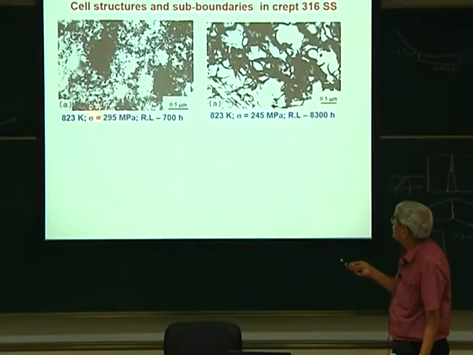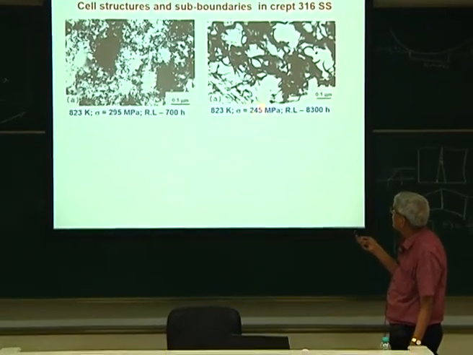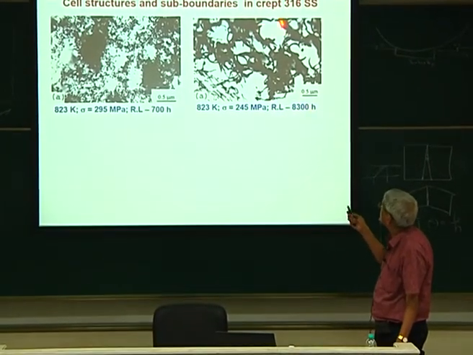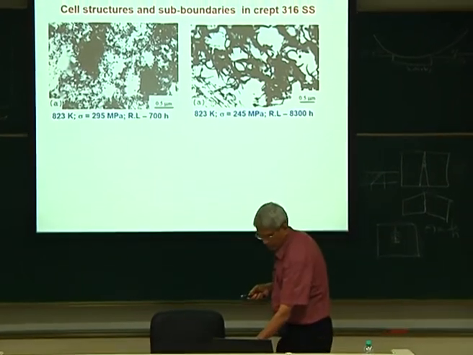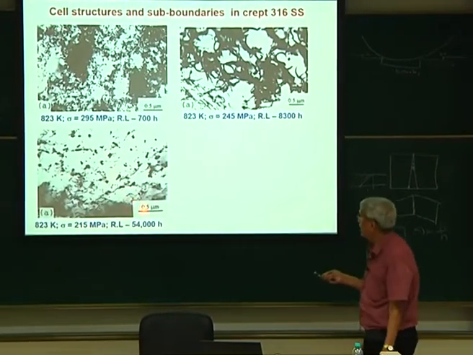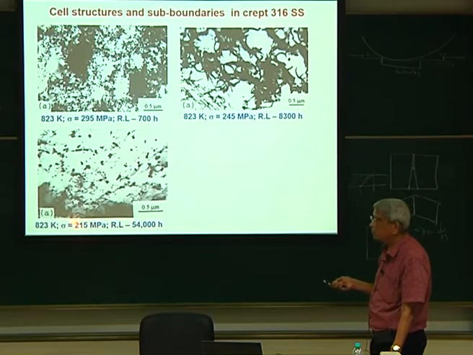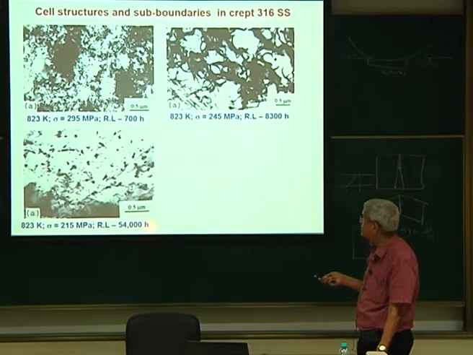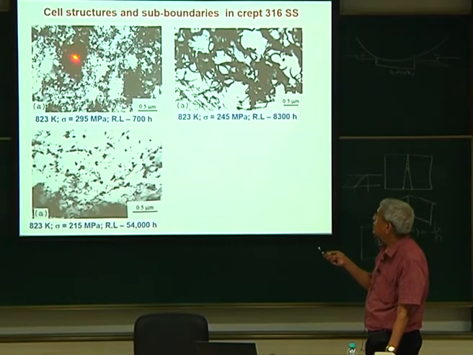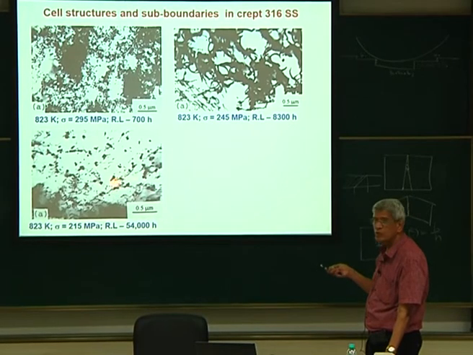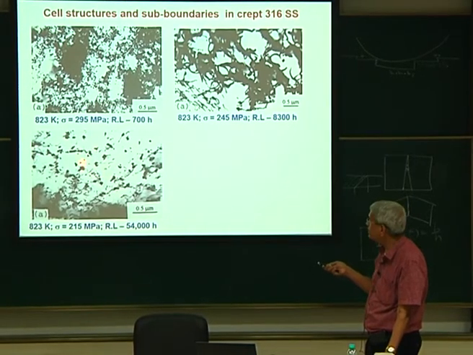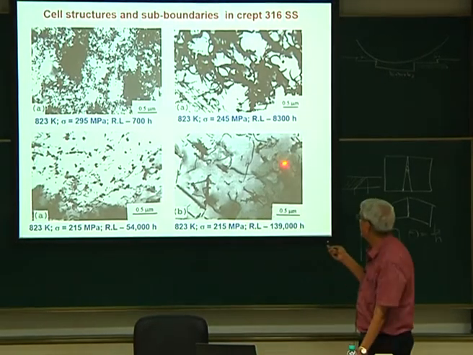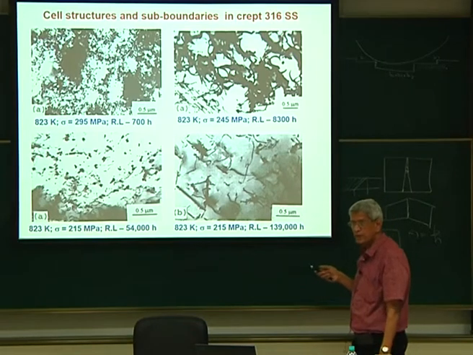And again, at the same temperature, when the creep stress has been lowered, you can see that the life has increased, but it still appears the same way. When the stress has been lowered to 215 MPa, the rupture life has increased considerably, but here you see only a few dislocations, because the stress also determines how many dislocations are going to be generated. They are randomly distributed in the sample.